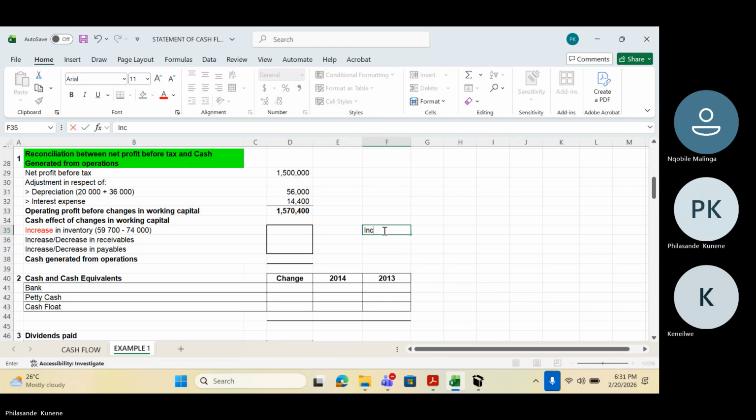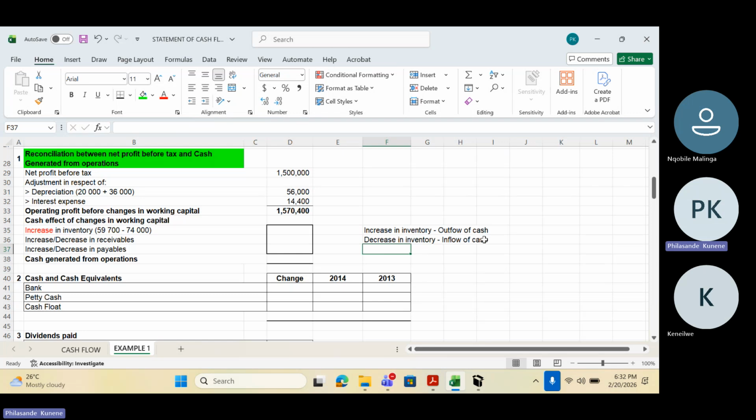Increase in inventory means an outflow of cash, right? Decrease in inventory is an inflow of cash, right? It means we sold inventory and we're receiving money.